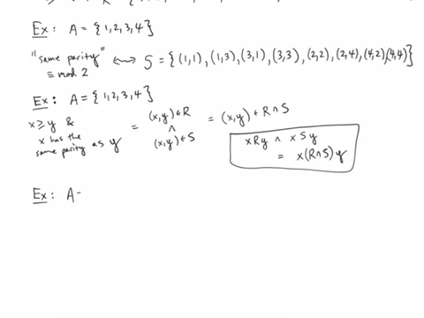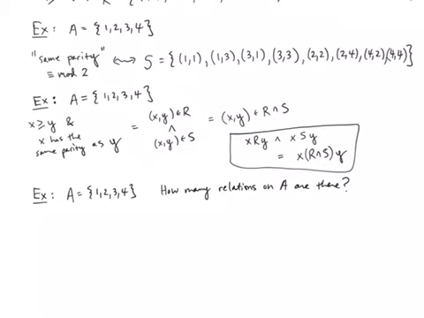So let's take our set {1, 2, 3, 4} again, and let's just ask how many relations on A are there? Well, a relation on A is just a subset of A cross A, right?